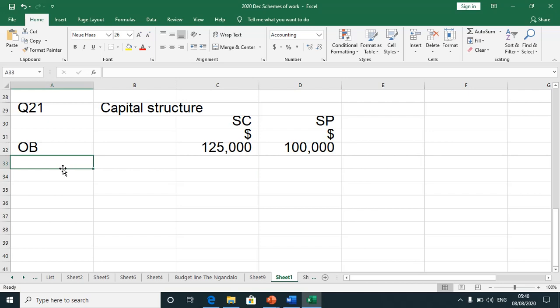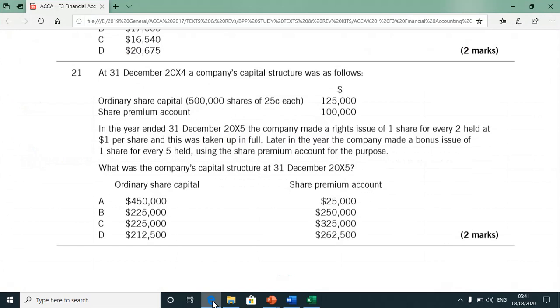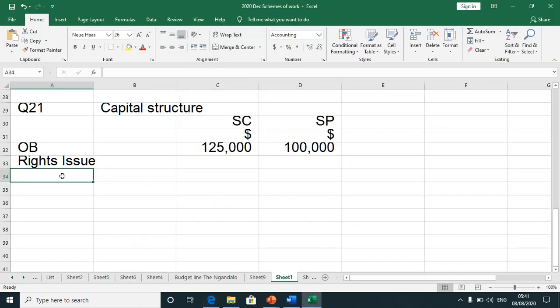Okay, now there was a rights issue during the year. So let's get on to the question. See what is the basis. Our company made a rights issue of 1 share for every 2. Remember, we are running with 500 shares.